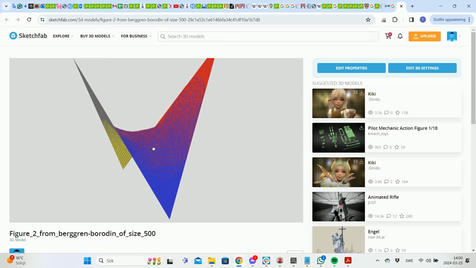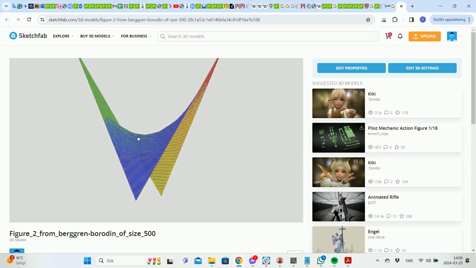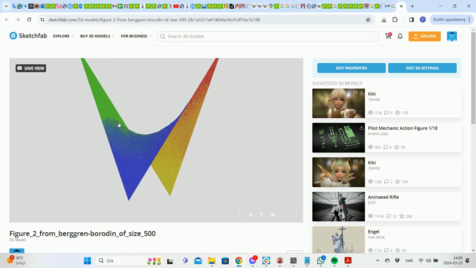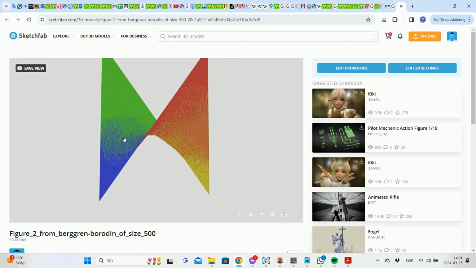I always try to rotate this so you can see, but you can, for instance, see that the smooth regions here are completely flat, and then the rough region is curved, and then you have the frozen regions which are also completely flat.